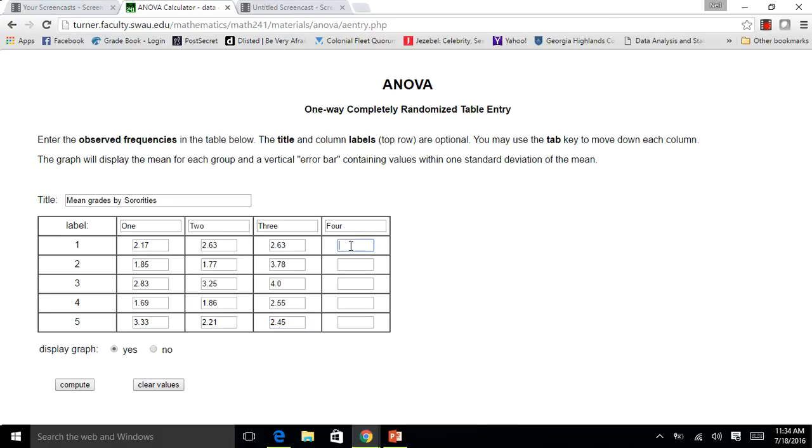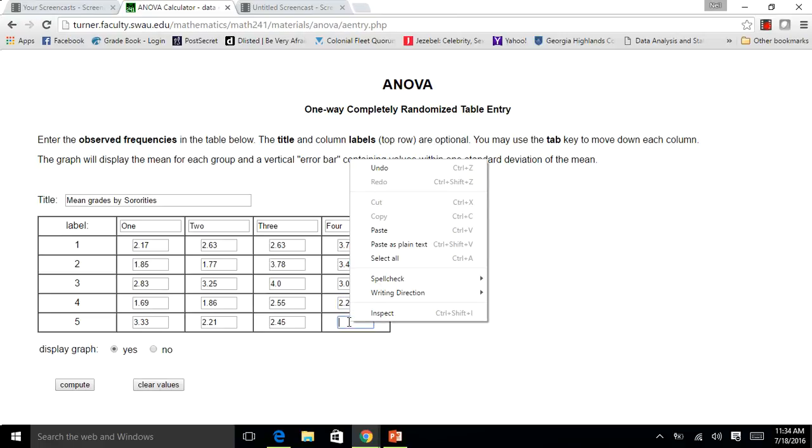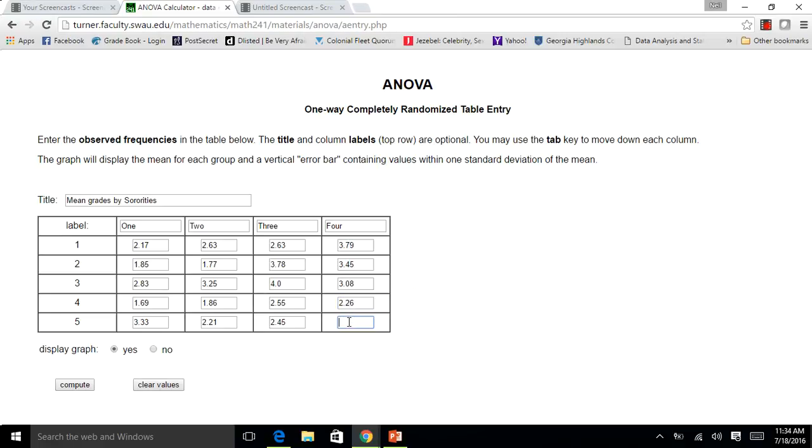Okay, so I have all the grades in there, and I want to display the graph, so I hit compute.